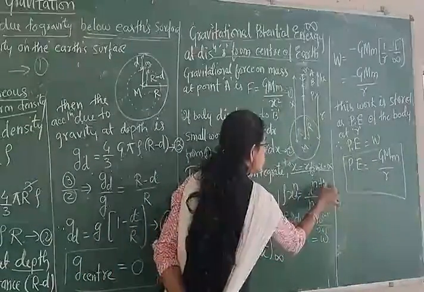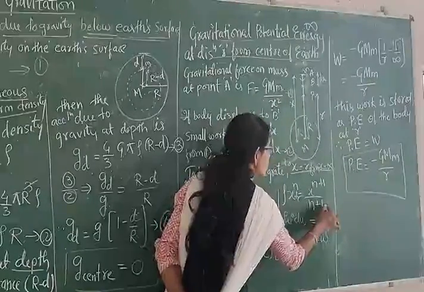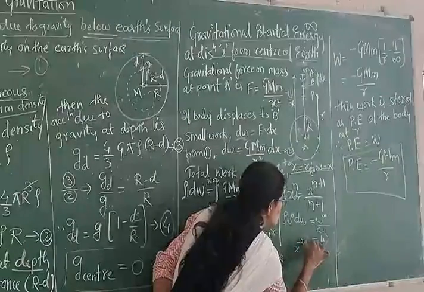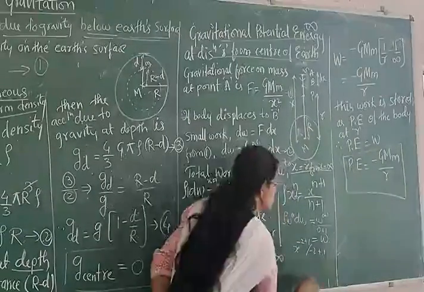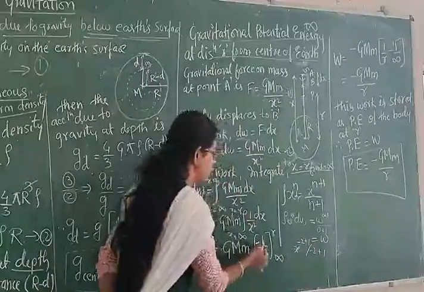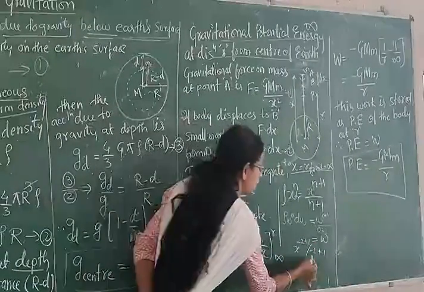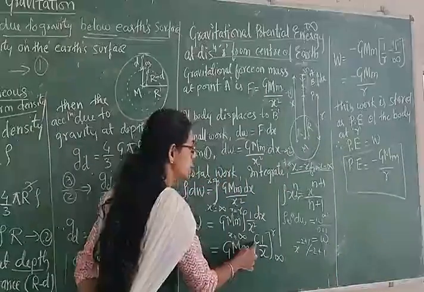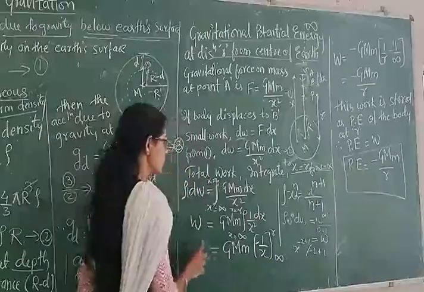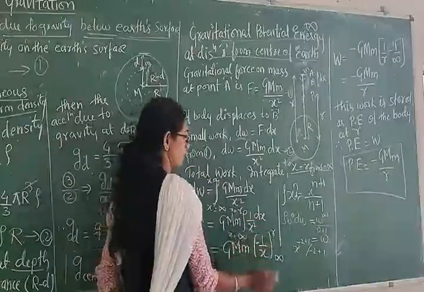Therefore, x to the power minus 2 plus 1 divided by minus 2 plus 1. Therefore, it is equivalent to x to the power minus 1, which I have kept in the denominator, and minus 2 plus 1 is nothing but minus 1. Therefore, the term will be minus 1 divided by x when I integrate 1 upon x square.